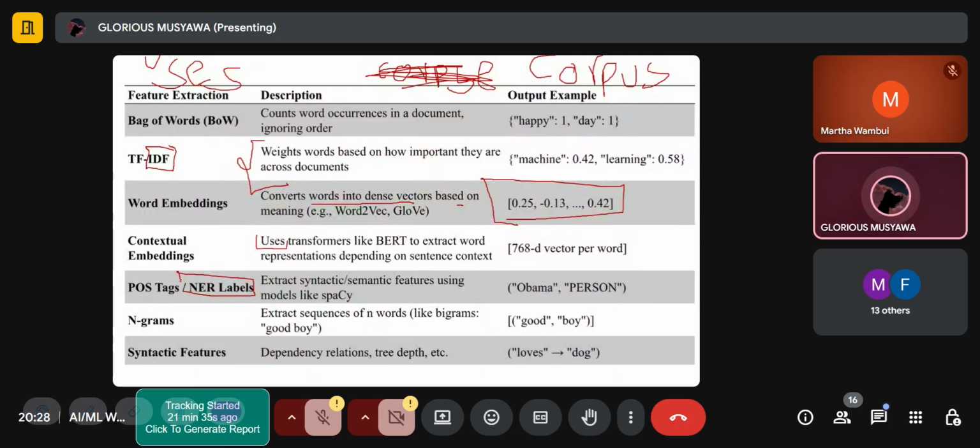Then we talked about n-grams, where it's extracting sequences of n words. When you talk about n, it could be any number. This one is like a hyperparameter. Yeah. And then syntactic features, dependency relationship, tree depth. How are these words connected? So I don't know. Are we together up to there?